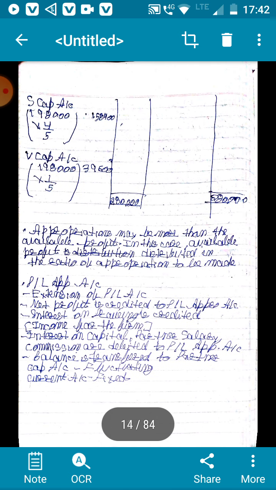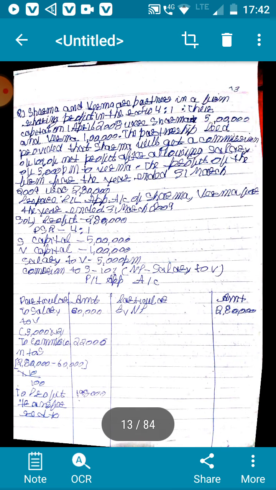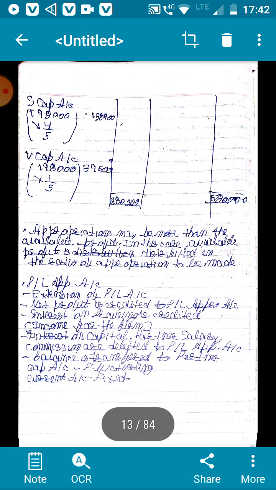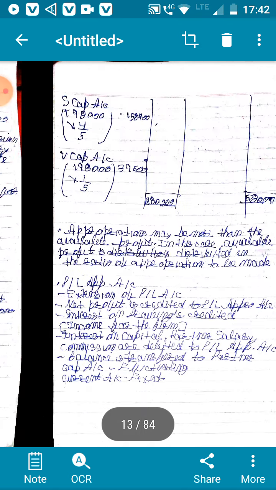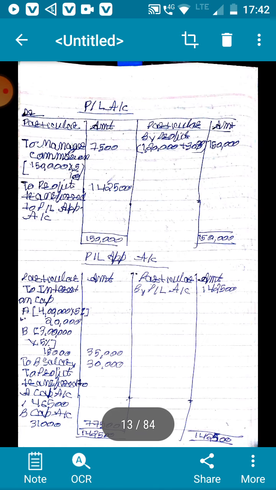The point says that availability may be more than available profit. Let's see it through a question.